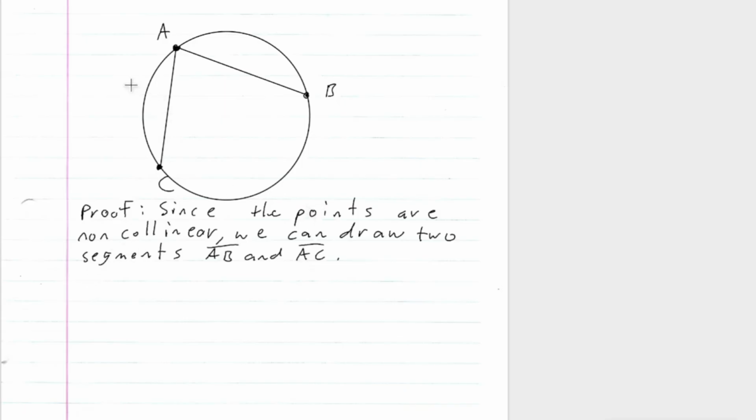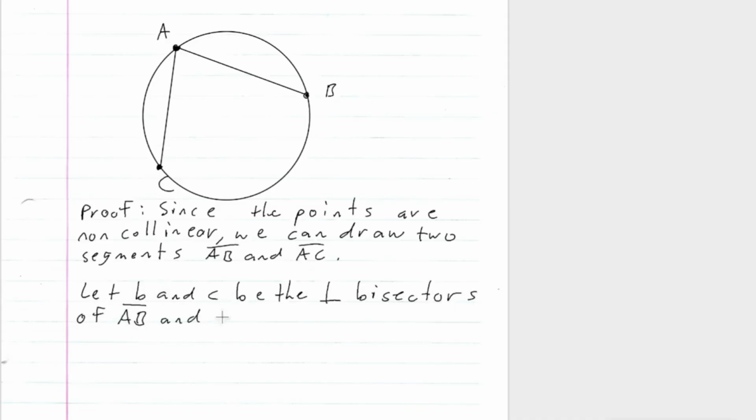We're going to, of course, for any segment, there exists a perpendicular bisector. So we're going to let B and C be the perpendicular bisectors of, let's see, B would go with AB and AC respectively.